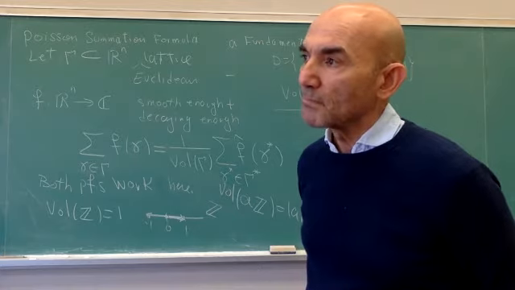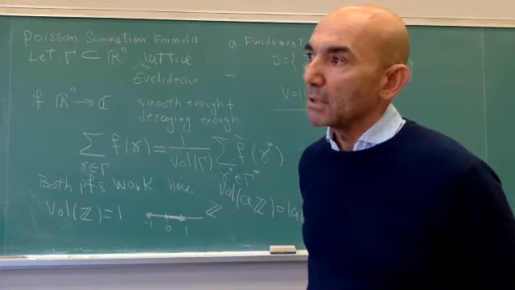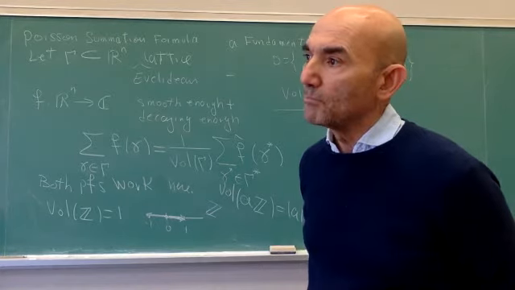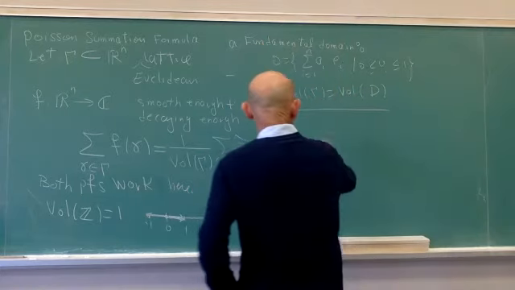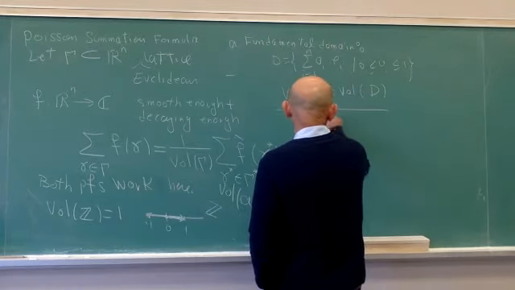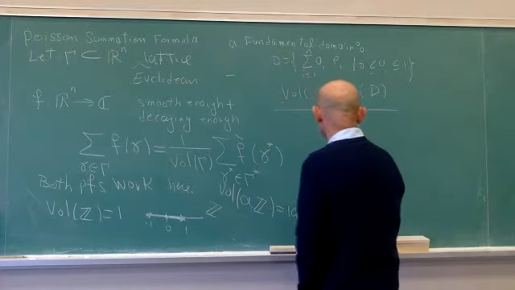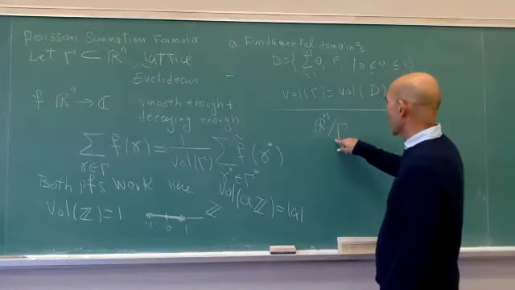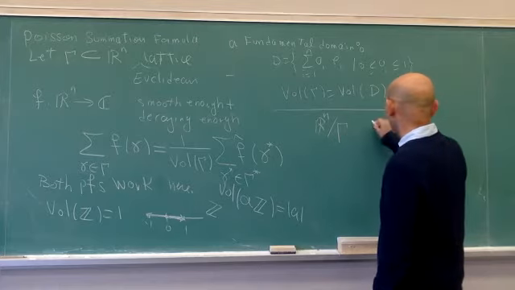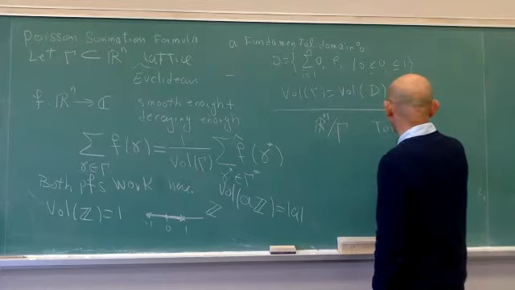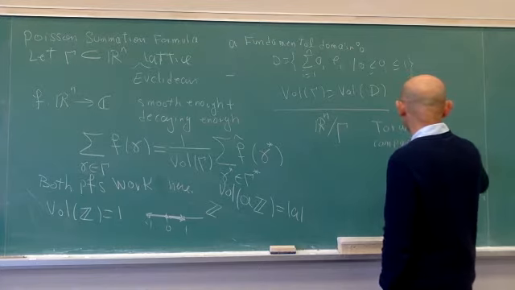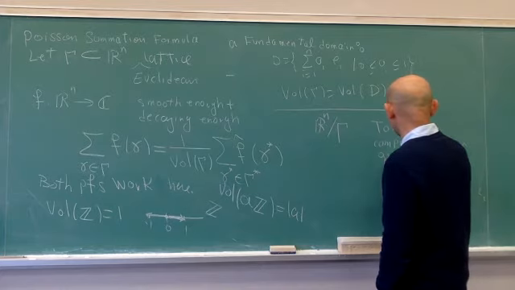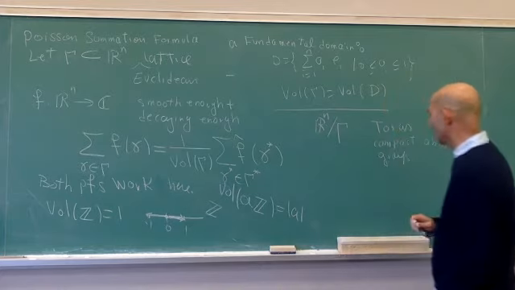So let me just say something like this. If you look at Rn over gamma, this is a torus. This is a compact abelian group, a compact topological abelian group.